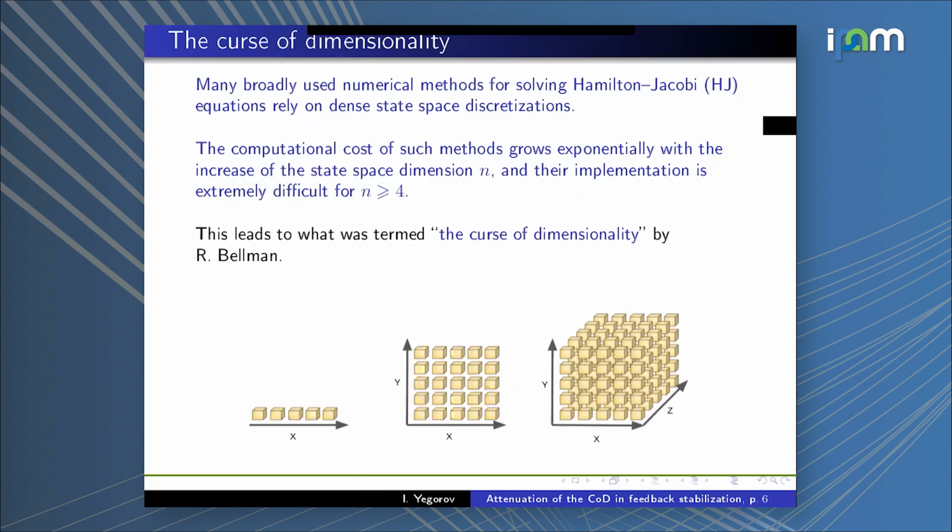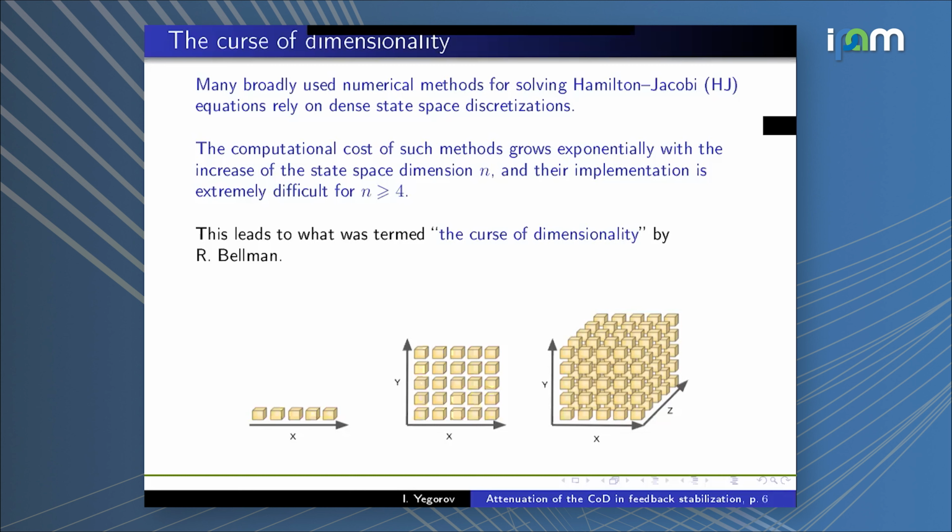Also, when we talk about Hamilton-Jacobi equations, we have to take into account that this is a partial differential equation. And if the state space of our problem is relatively high, even if it's greater than 3, we may face certain issues.